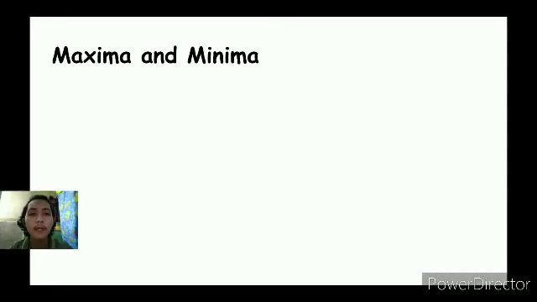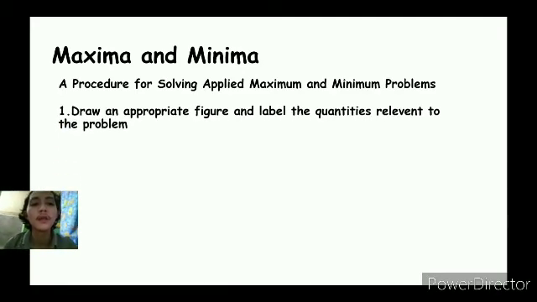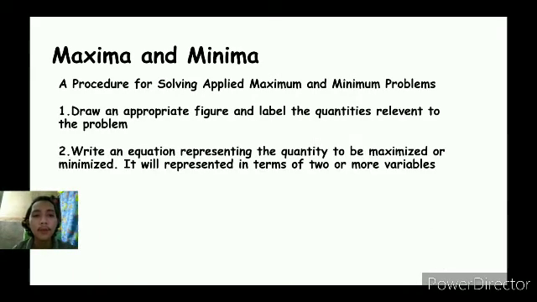So for our last topic, which is solving for the maxima and minima of the problem, we have this procedure for solving applied maximum and minimum problems. For step 1, draw an appropriate figure and label the quantities relevant to the problem. Step 2 is write an equation representing the quantity to be maximized or minimized.